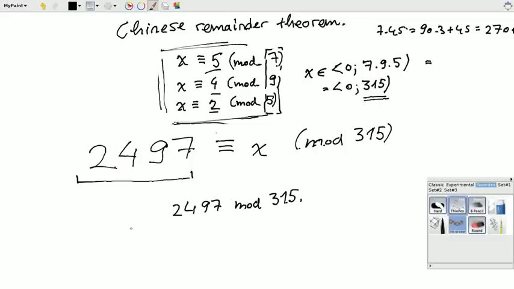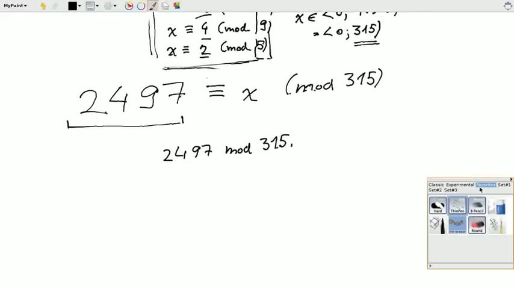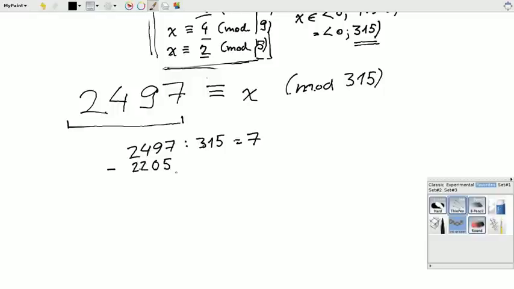Okay. Well, I'm going to do the division. 2497 divided by 315 would be, let me take a guess, something about 7. Okay, 7 times 5 is equal to 35. 3 plus 7 is equal to 10. 1 plus 21 is equal to 22, and the remainder is 292.